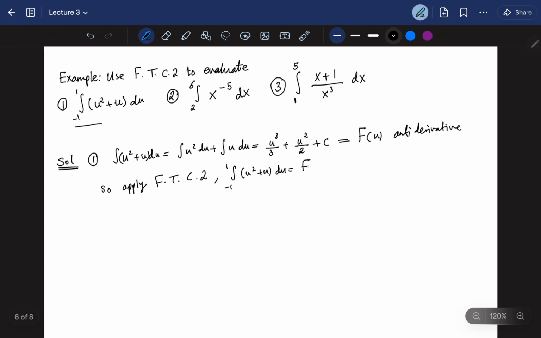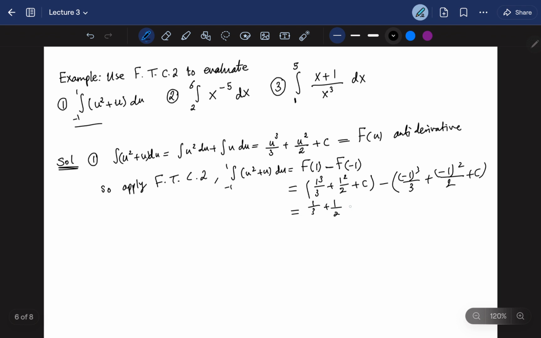It's just going to be capital F, my antiderivative at the upper bound, minus the antiderivative at the lower bound, and I'm just going to apply them here. So this is just 1 cubed over 3 plus 1 squared over 2 plus c, minus negative 1 cubed over 3 plus c, which is 1/3 plus 1/2.